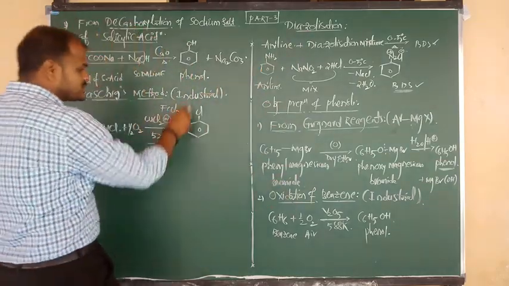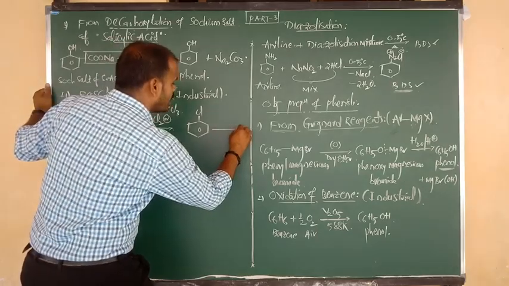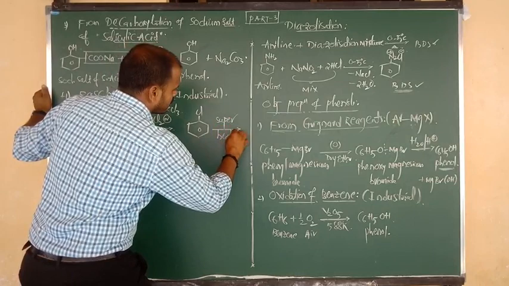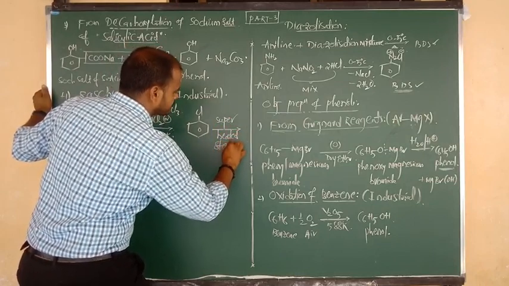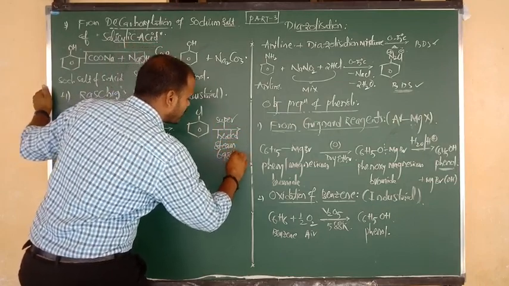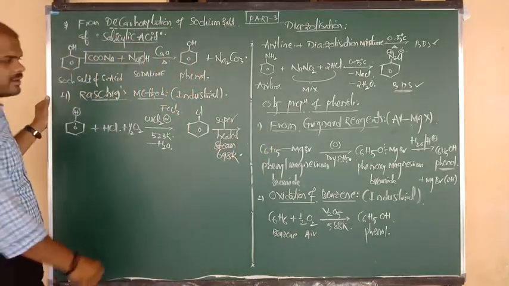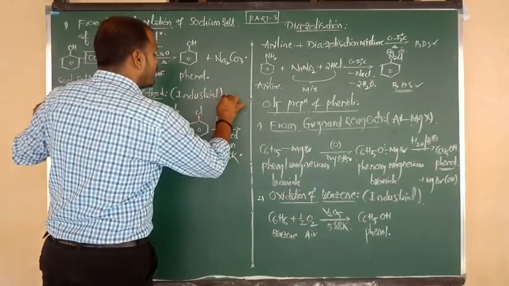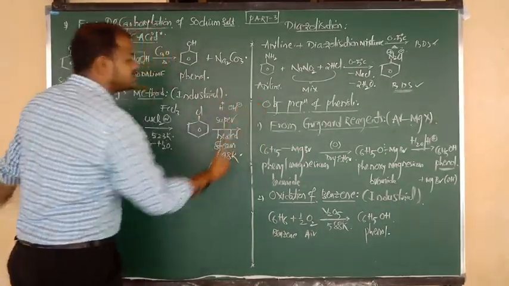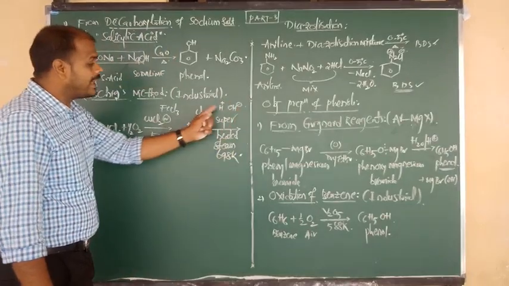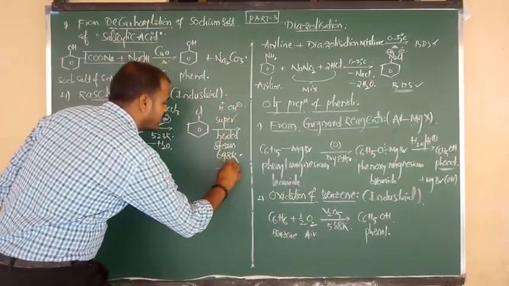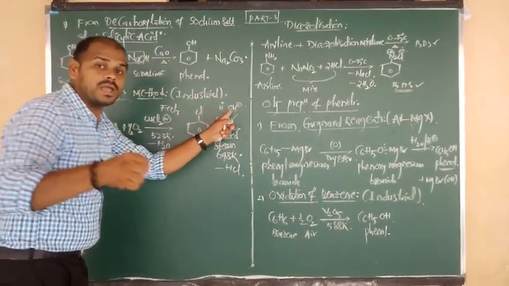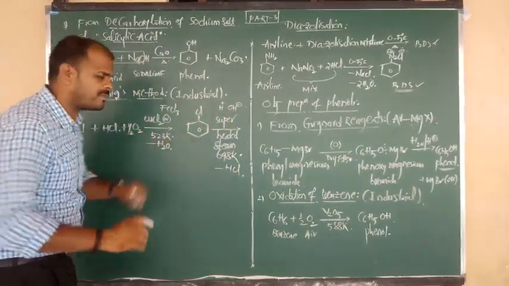So chlorobenzene, by passing over superheated steam at a temperature of 698 Kelvin. Superheated steam means highly reactive water molecules. It contains more reactive H plus ion and more reactive OH minus ion. H plus combines with Cl and is removed in the form of HCl. Remaining is free OH minus, a more reactive form, which easily attacks benzene.